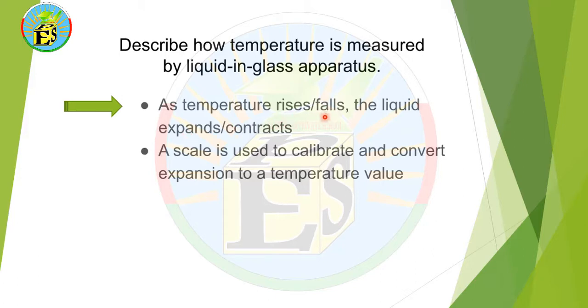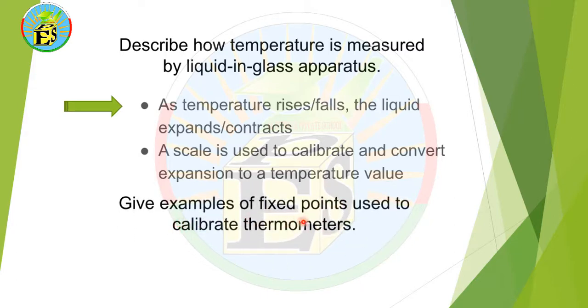When we decrease the temperature, the liquid contracts. Which liquid? The liquid inside the thermometer. This liquid is mostly mercury because it is sensitive to changes in temperature. A scale is used to calibrate and convert expansions to a temperature value.